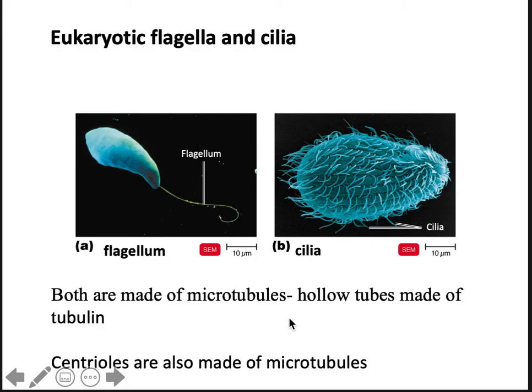Okay, so we learned that flagella in the eukaryotic organism is much larger, much more complex, and it's made up of microtubules, which are hollow tubes called tubulin. Tubulin is a protein, so it's made of amino acids, right? I related that to centrioles, which are also made of microtubules.